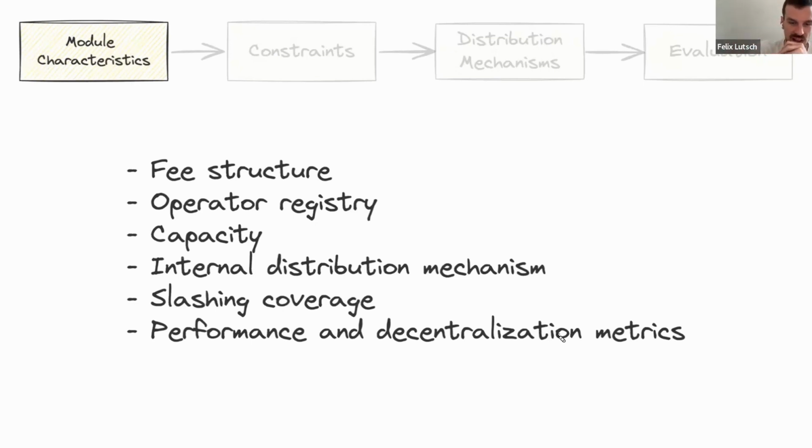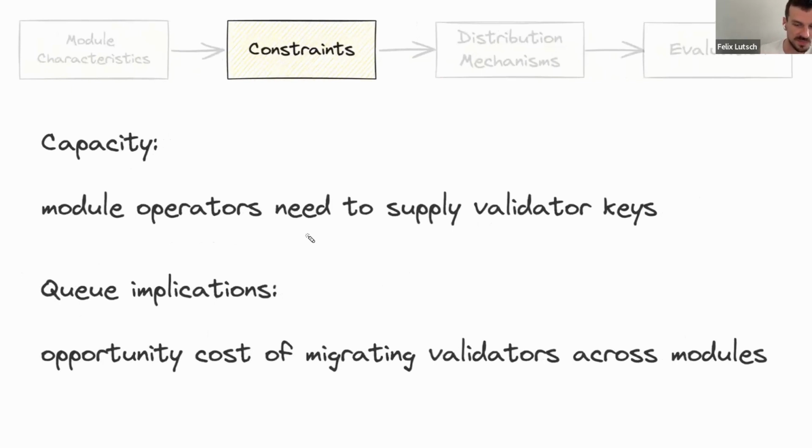So obviously we want a diverse set of node operators, geographically and jurisdictionally diverse, and have a bunch of solo stakers. So overall, the modules will differ there, and we might want to take that into account if we think about how to give ETH to modules, which will end up with these operators. Right.